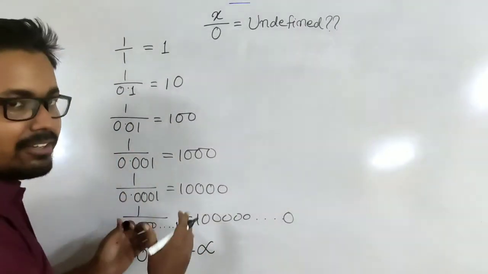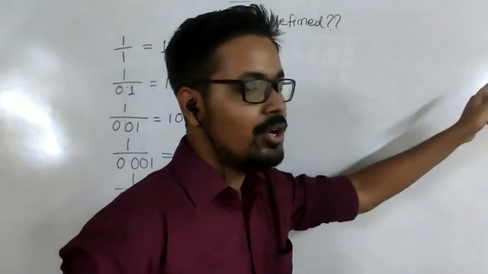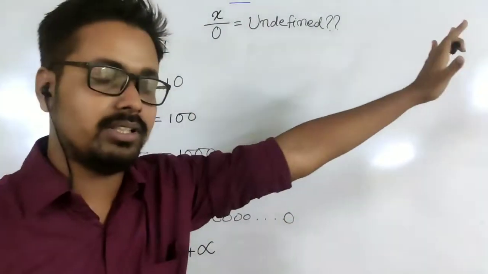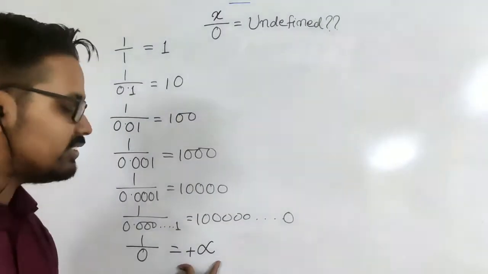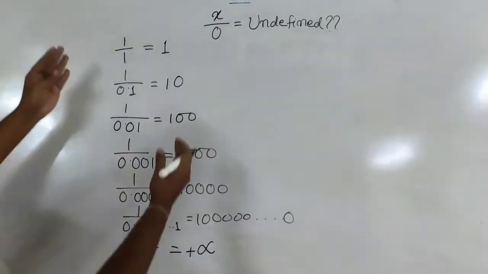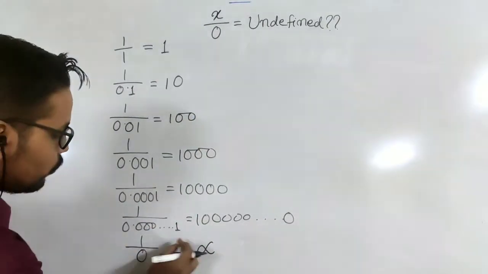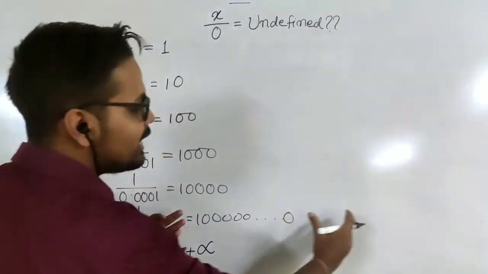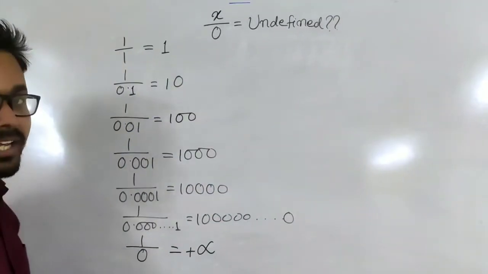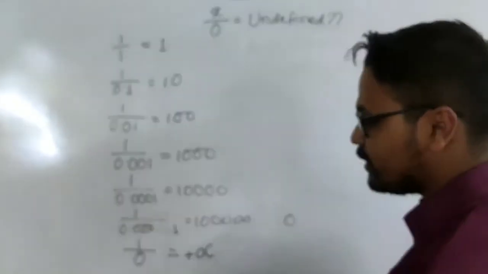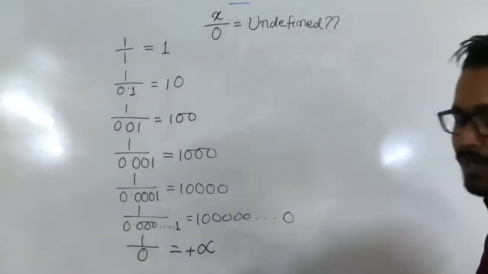So on the number line, if we keep on finding the answer, we are going to go so far down the line that we reach a value of positive infinity. I hope that makes sense. As we move closer to 0, the value keeps on getting so big that it reaches plus infinity. Now that's okay. That means we can get that x divided by 0 is plus infinity.